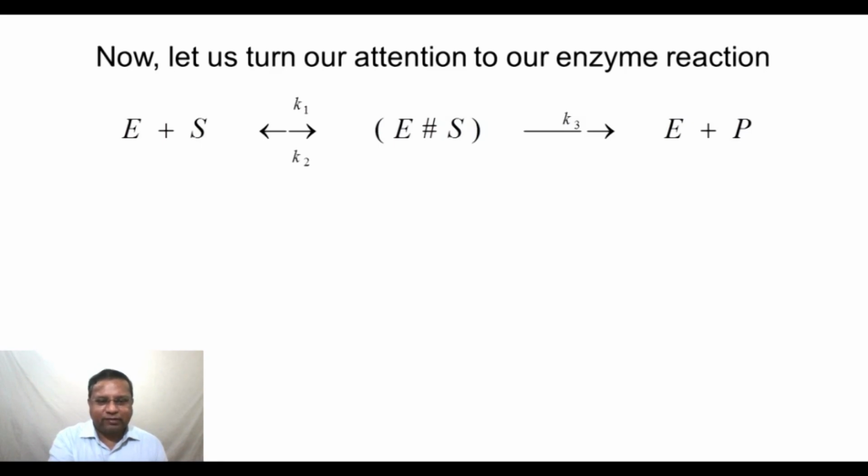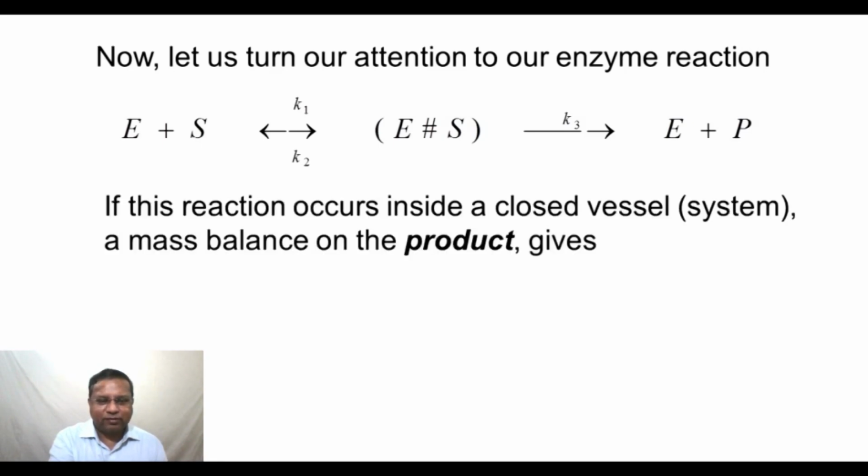If this is the case, and let us say this is occurring inside a closed vessel, a batch reactor, which we take as a system, if we write a mass balance on the product, we are going to focus on the product and write a mass balance for the product, that gives the rate of generation of the product minus the rate of consumption.